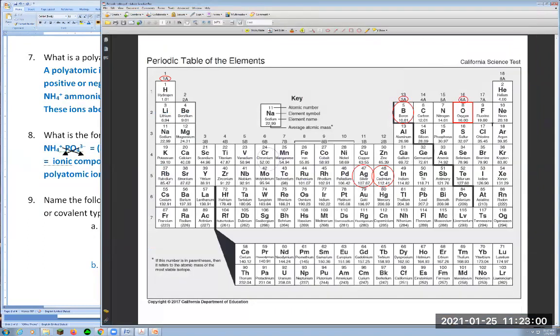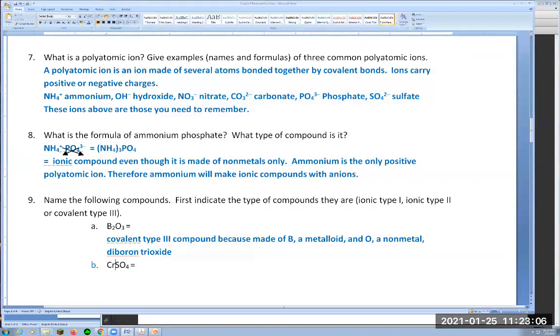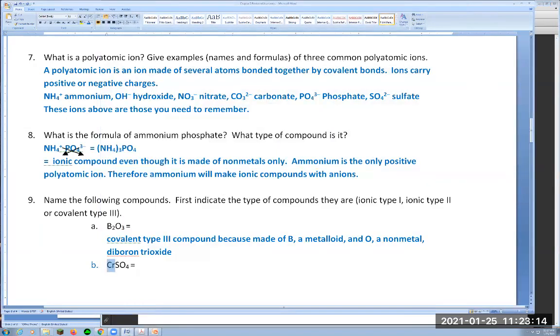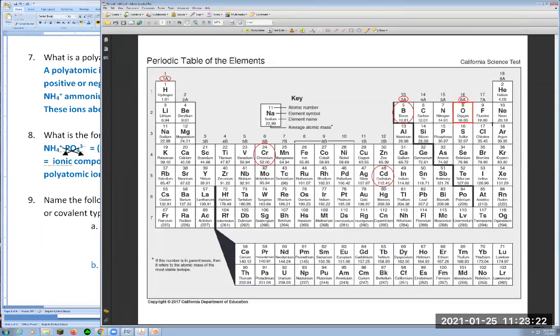Cr is chromium, right? SO4 here is nonmetals, and that's a metal, right? Chromium is a metal, it's a transition metal. So that means it's an ionic compound, metals and nonmetals. It's an ionic compound made of chromium, a transition metal.